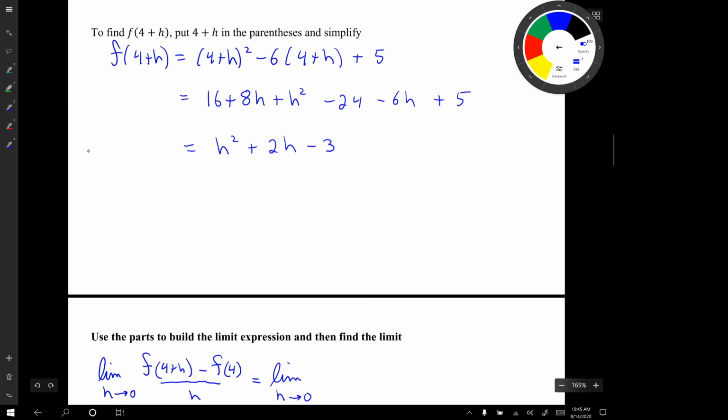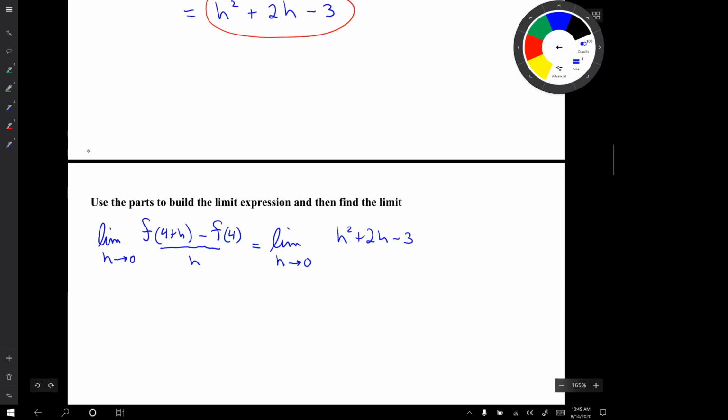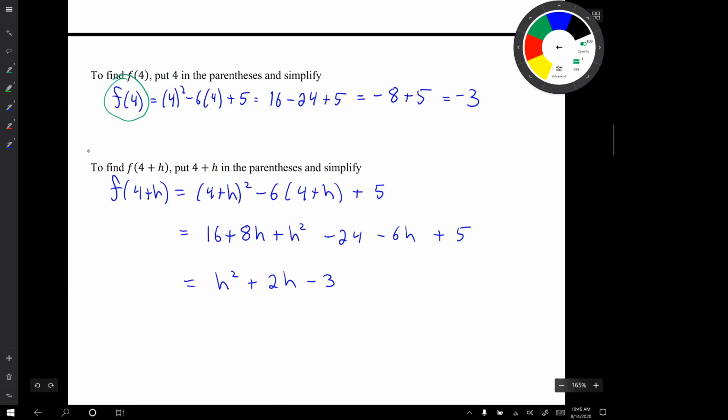So we go up and get f of 4 plus h, replace it with this expression. Then we go up and get the expression for f of 4, and we're going to put it here. So f of 4 is this number, -3.